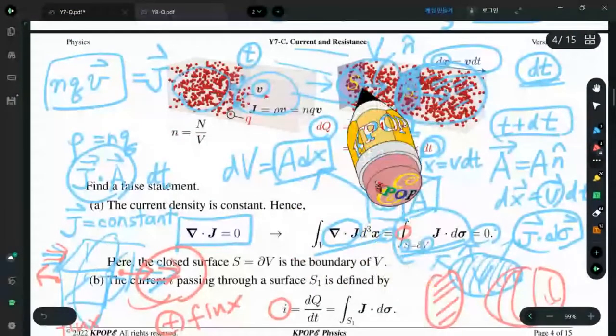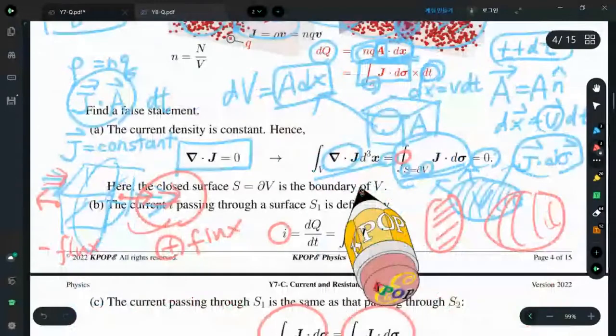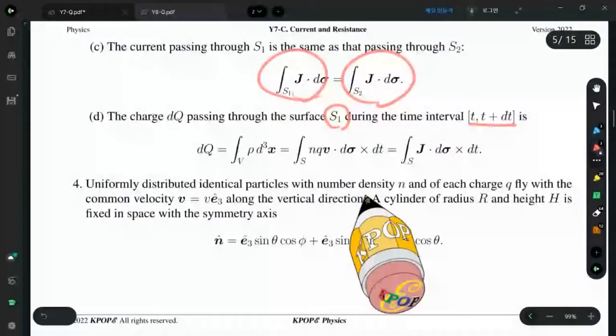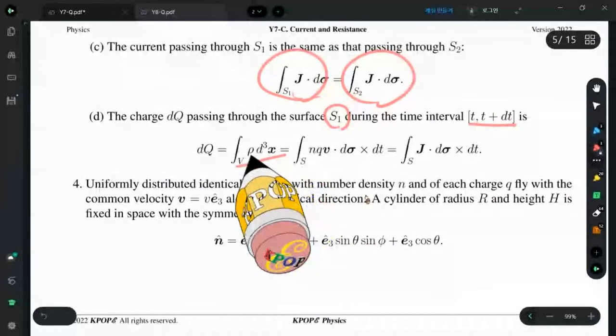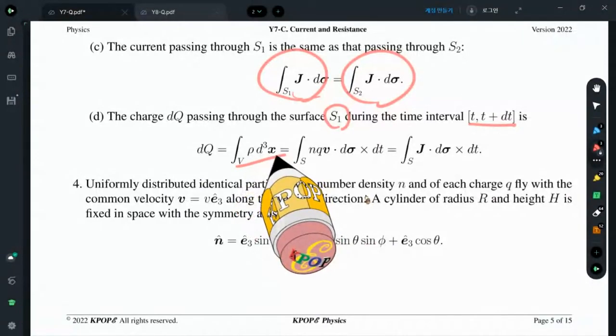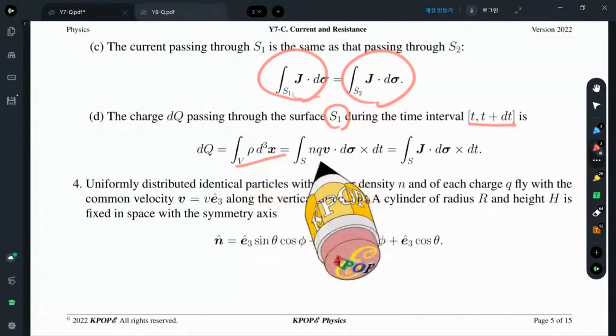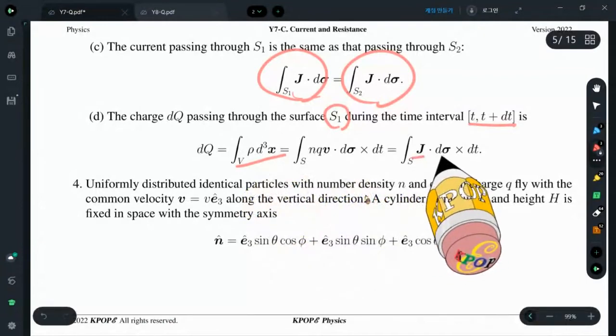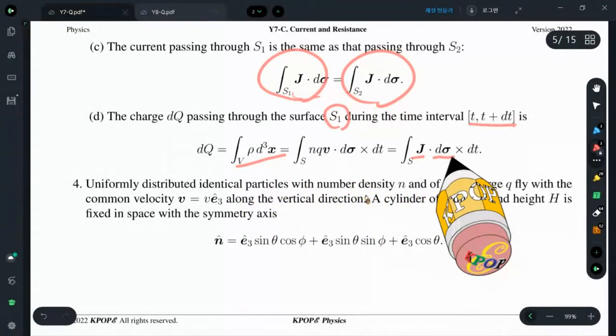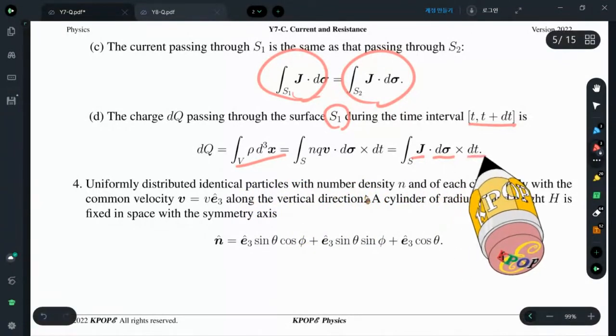Where is S1? This is S1. That is expressed as a density multiplied by volume. But that volume is expressed as a current density multiplied by the cross-sectional area multiplied by time.